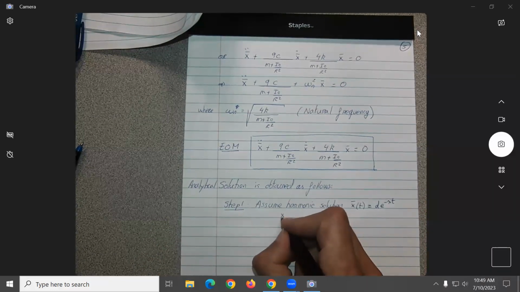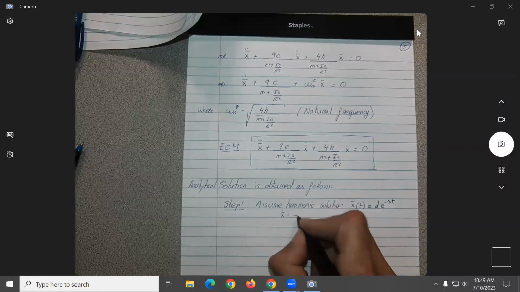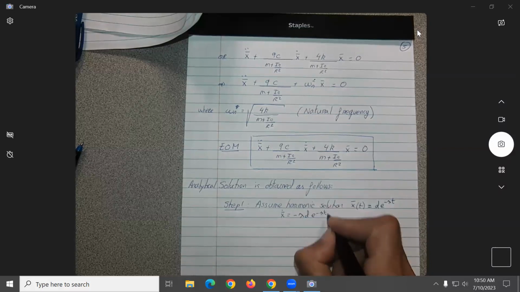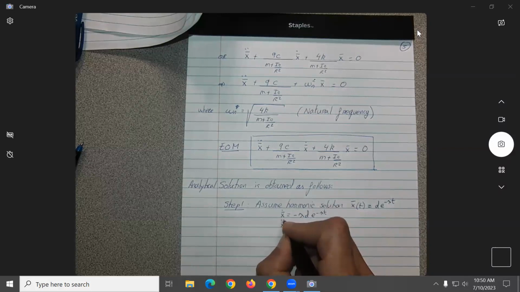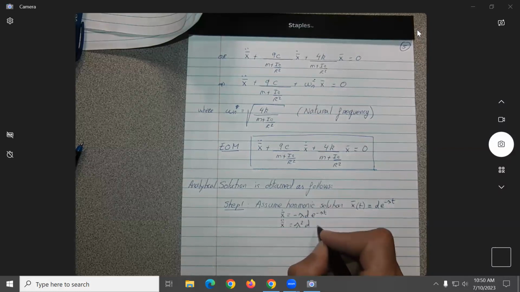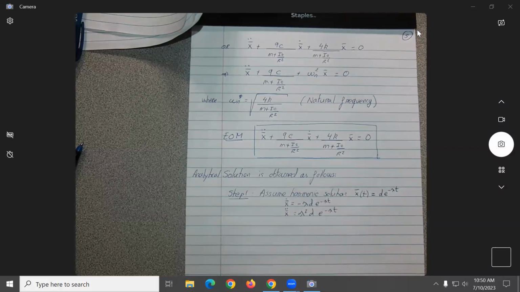So if we do this, then what does that mean? You have x bar dot equal to what? Minus lambda d exponential of minus lambda t, and x bar double dot will be equal to what? Lambda squared d exponential of minus lambda t, no? What is step 2?